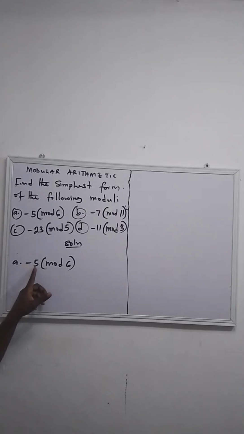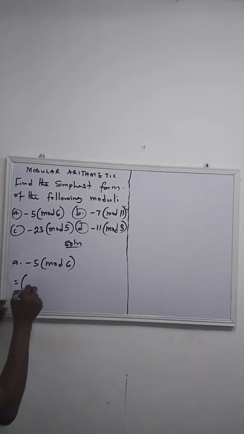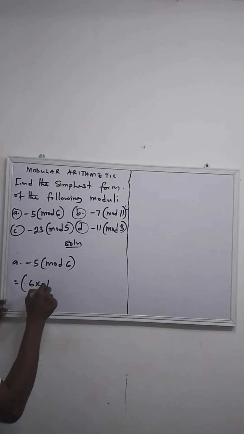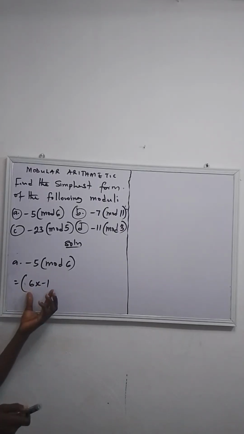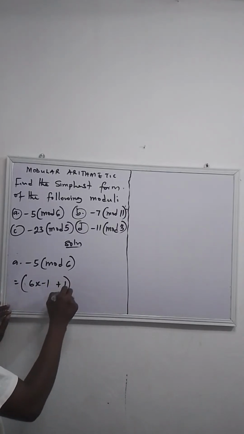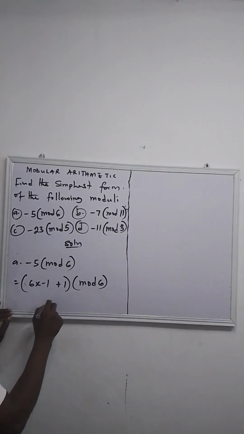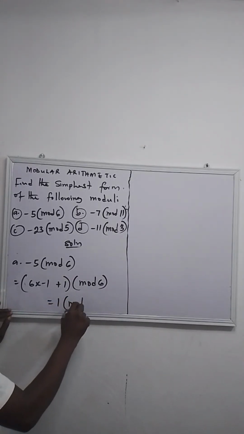When you have a number that is smaller than the modulo here, all you need to do is write 6 times -1, that gives you -6. Now you ask yourself, what are you going to add to -6 to have -5? That is 1. So that will be plus 1 mod 6, and your answer is 1 mod 6.